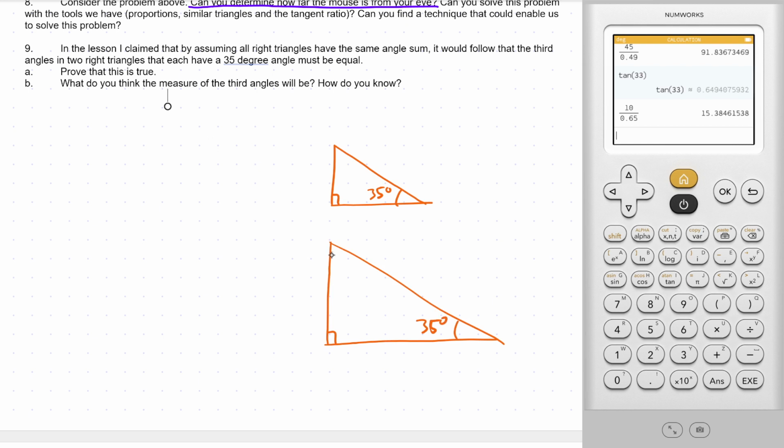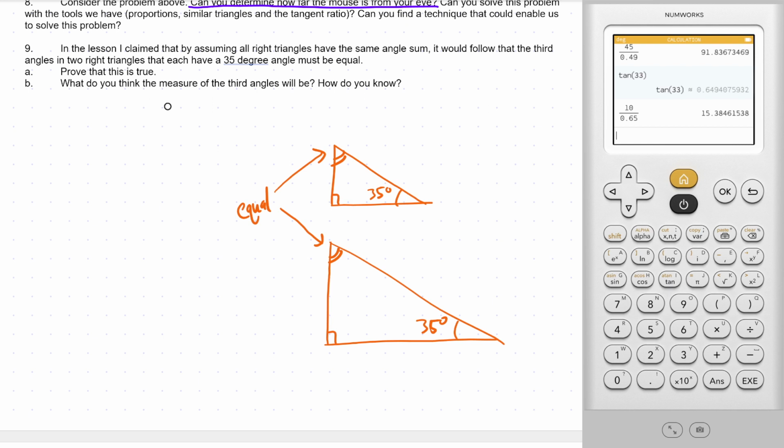And now what we're claiming here is that since these two triangles have the same angle sum, those two angles here and here must be equal or congruent, if you'd rather use that term.